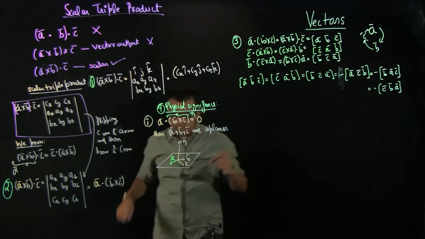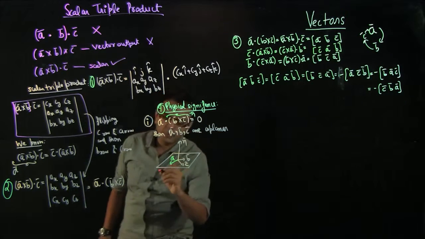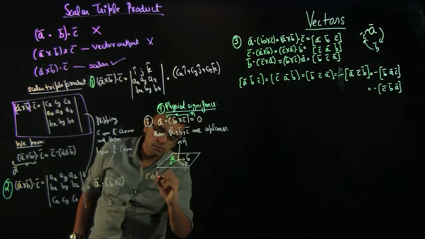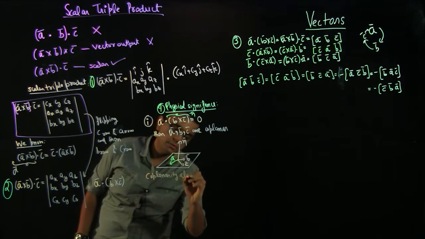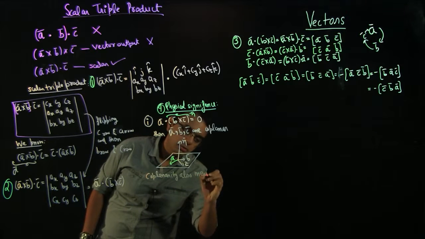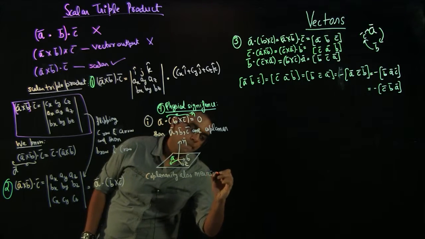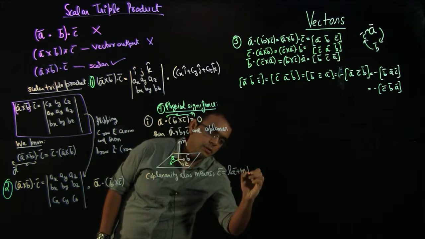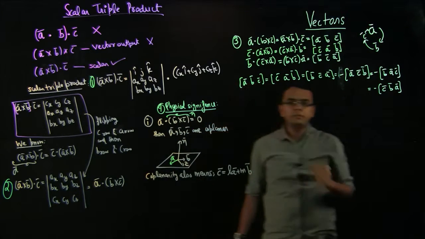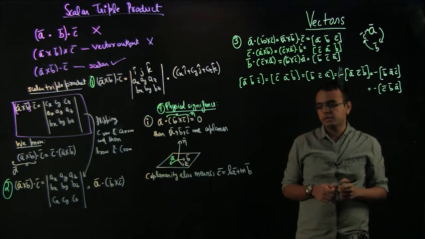Also, you should remember this, that coplanarity also means that you can represent the third vector as a linear combination of the first two vectors.